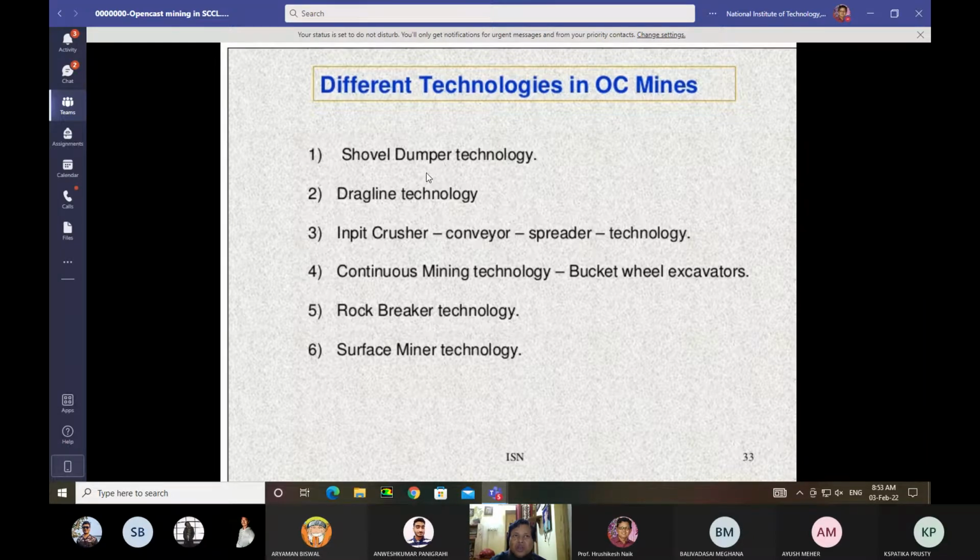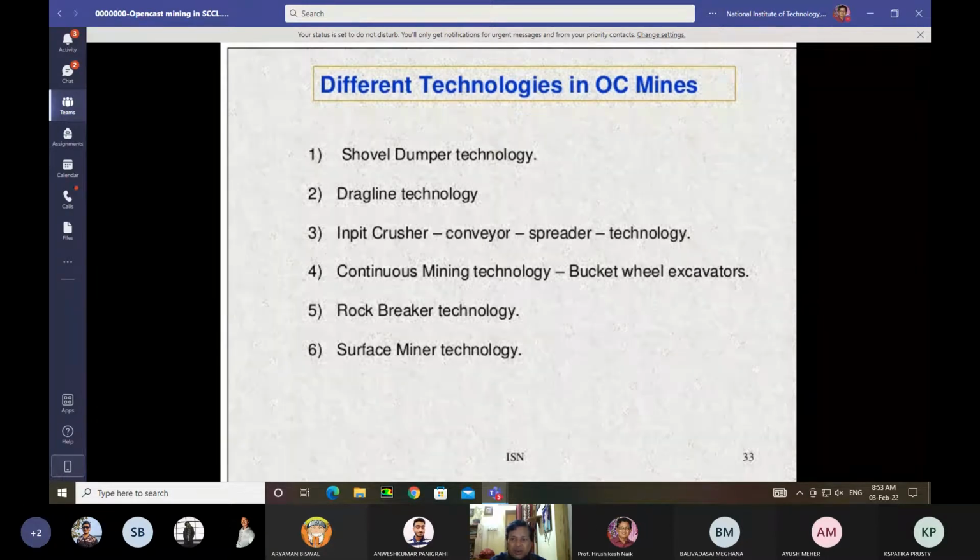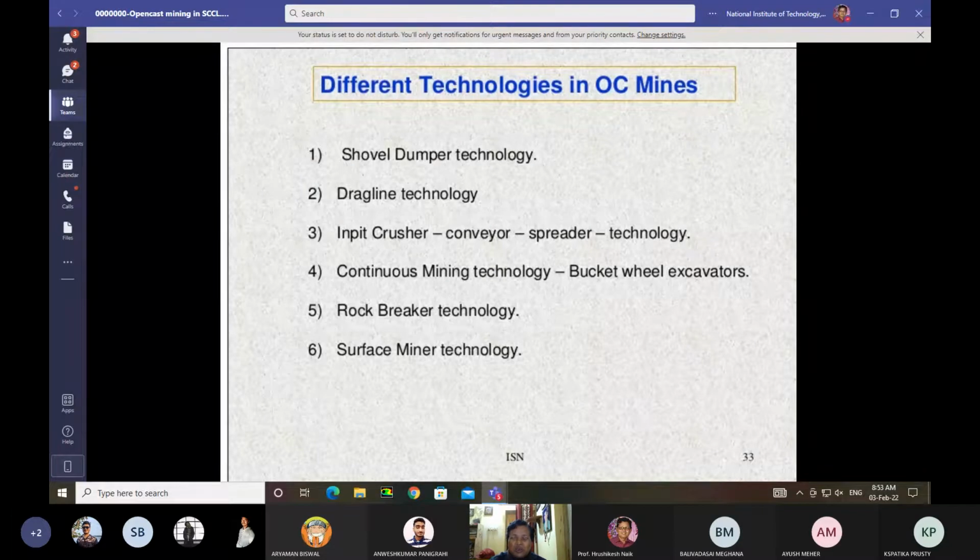So this shovel dumper mining technology was not discussed. So today we are going to discuss the shovel dumper technology.